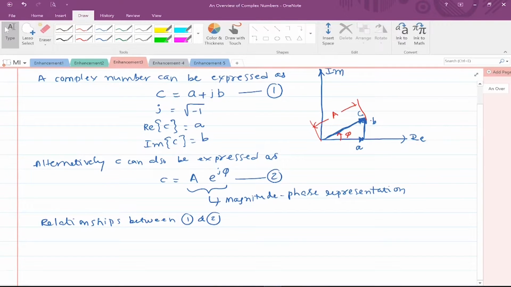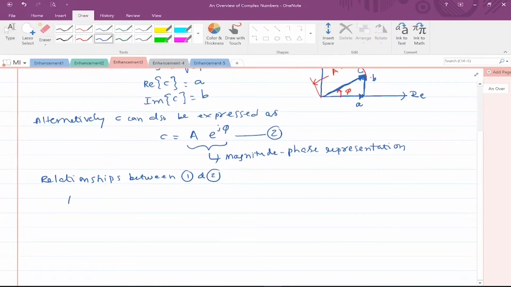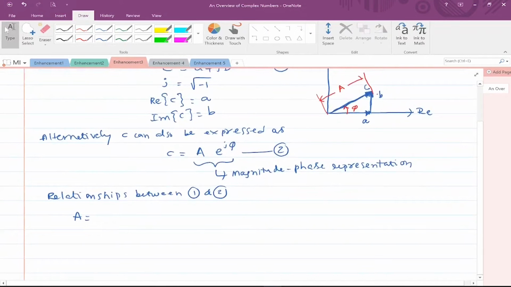Then in order to write it in the second way of representation, what would be your A value in terms of small a and small b? The magnitude A can be given by the square root of a square plus b square. What about the phase value phi? That's equal to tan inverse of b by a.